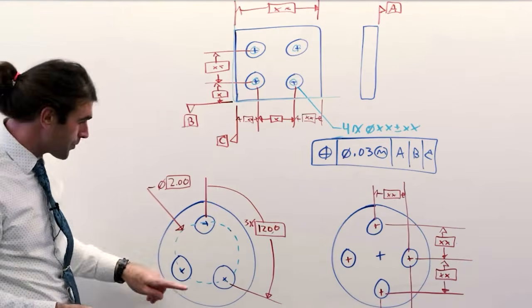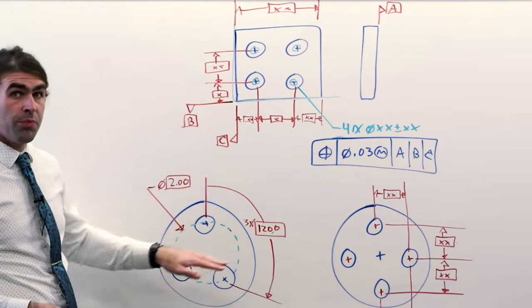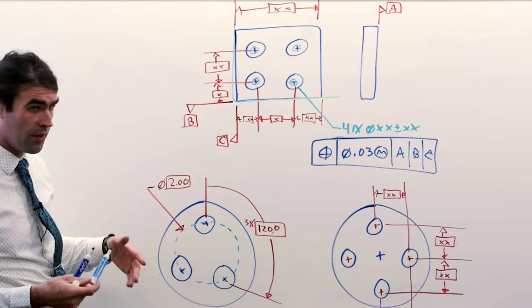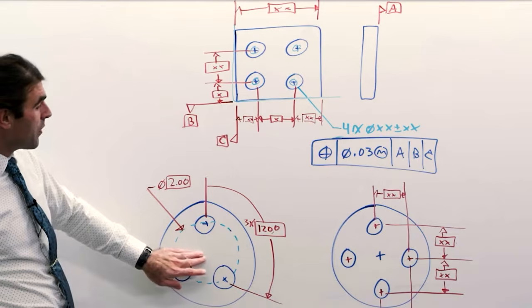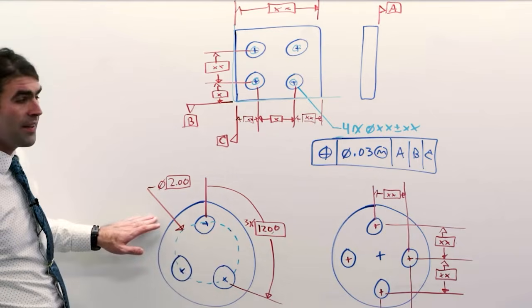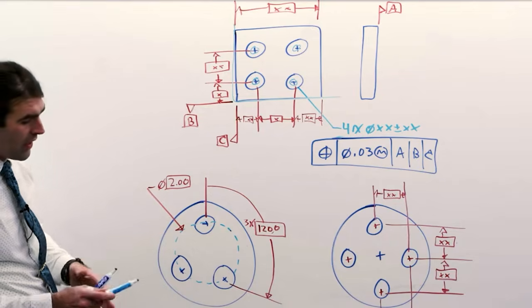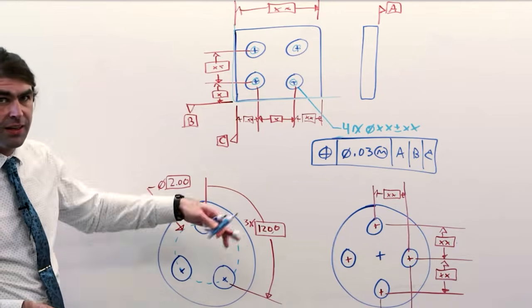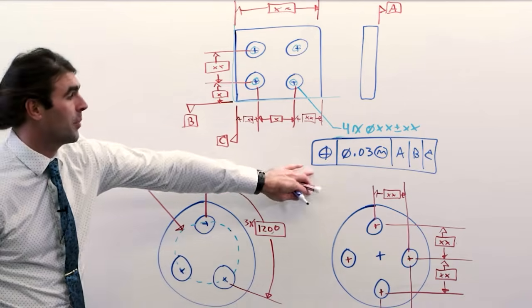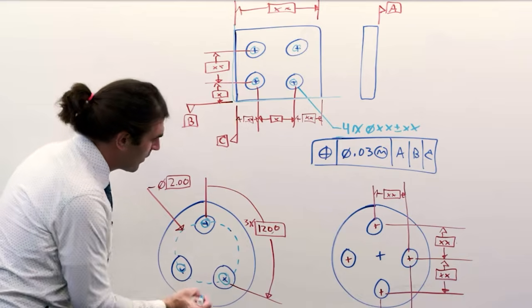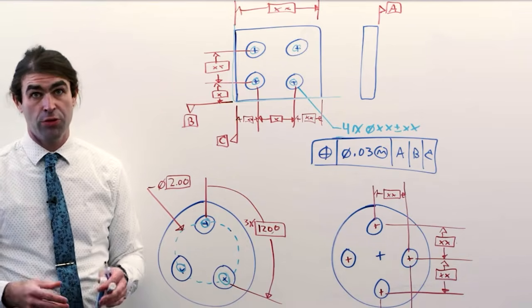Let's move to these. There's 2 basic ways to do patterns of holes on like a bolt circle. The first is to do an angle and a bolt circle, both basic, right? In this case, your tolerance zone for position, and I didn't put the feature control frame, but just assume it's a position just like this, right? You're going to get a round tolerance zone at the true position.